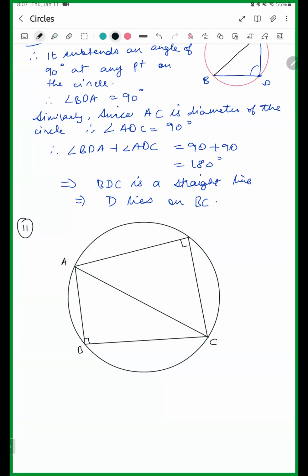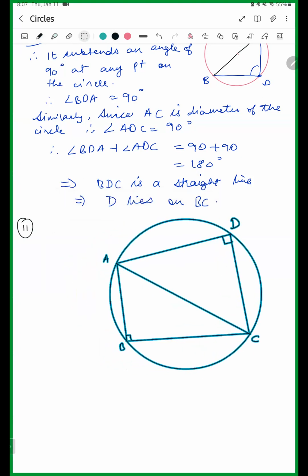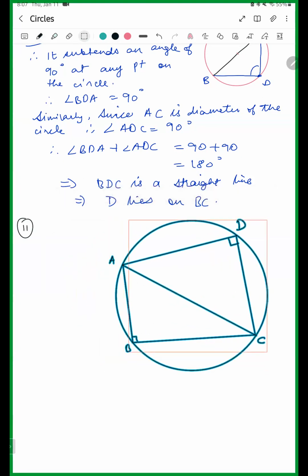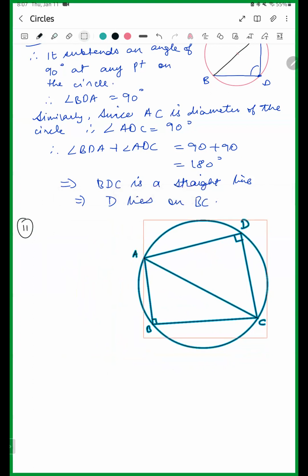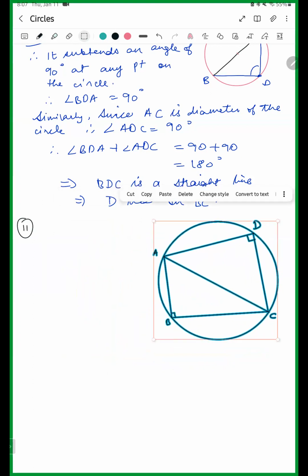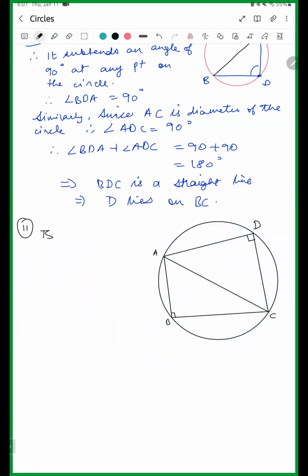Too huge. Why did I draw such a huge one? Okay. To show that angle CAD is equal to angle CBD. This is what we need to show.